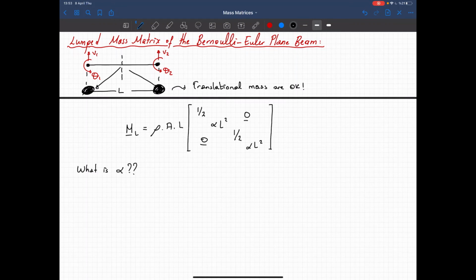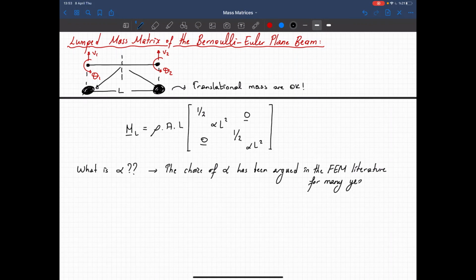Okay, so that's an argument going on for several decades. So the choice of alpha has been argued in terms of which alpha approximates the behavior in a better way. But there's no consensus, okay?